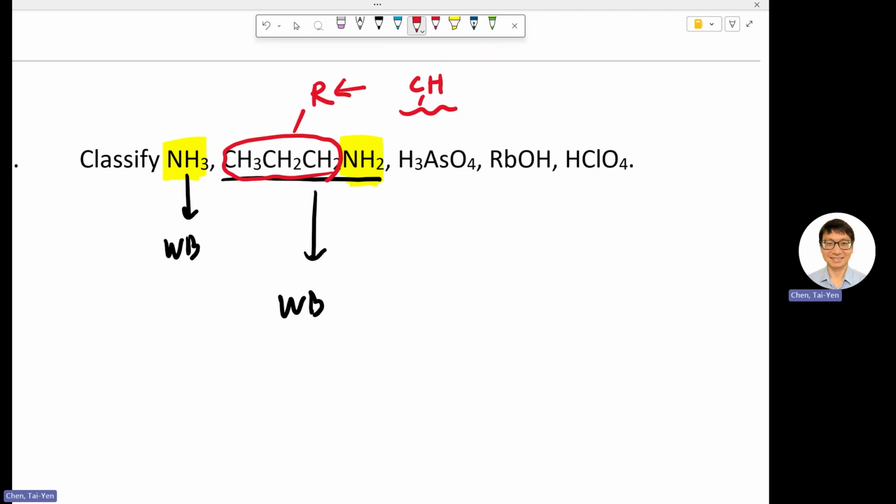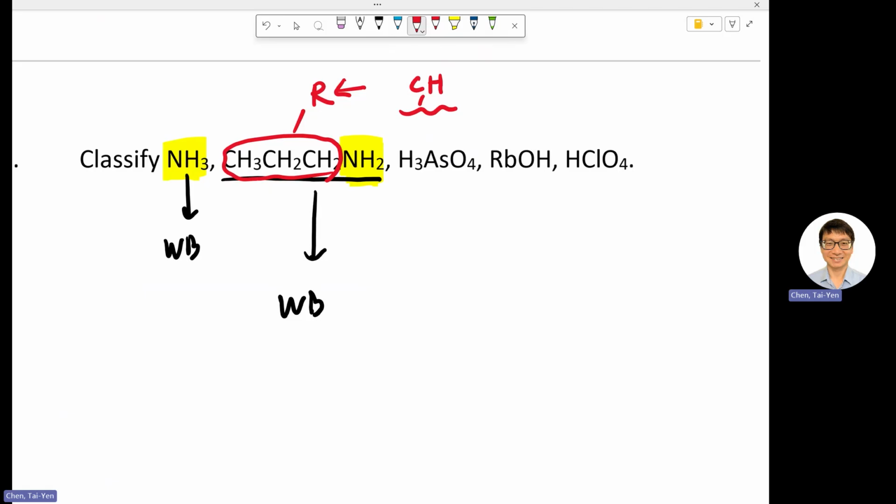As long as it contains only C and H, regardless of CxHy, it doesn't matter how many carbon or hydrogen atoms. It just means it's a long chain species that contains only C and H.